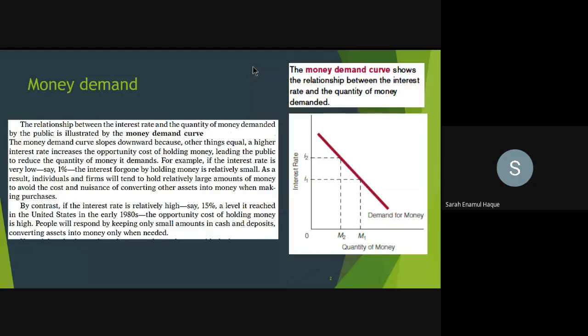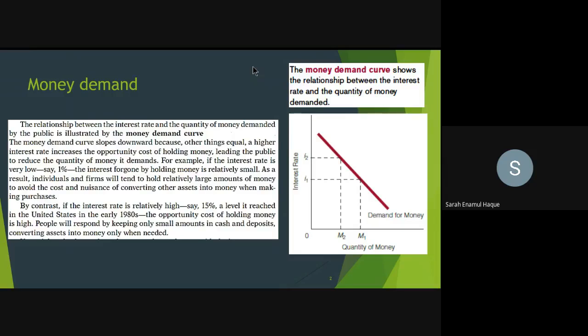So ask yourself this question: there should be a negative relationship between that interest rate and the demand for money. The reason being, if the interest rate increases, then you will have more tendency to keep the money in the bank so that it goes for loans, rather than demanding money to use it yourself, so that you earn more interest.